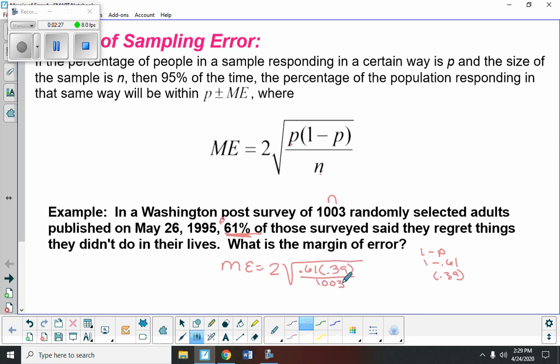Make sure all of this is underneath the square root. In my calculator, I typed in 2 times the square root of 0.61 times 0.39 divided by 1,003, and then put a parenthesis there. What you come up with is 0.03, which is 3%. So that is the margin of error.